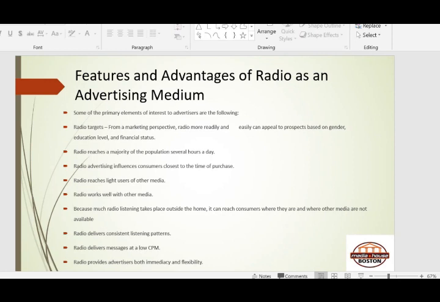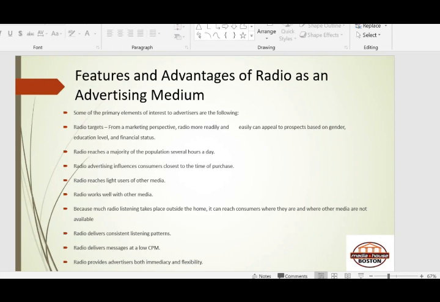Radio delivers messages at a low cost per minute. Sorry, I think it's cost per minute. No, that's not right. It is actually mille, that's a French term.